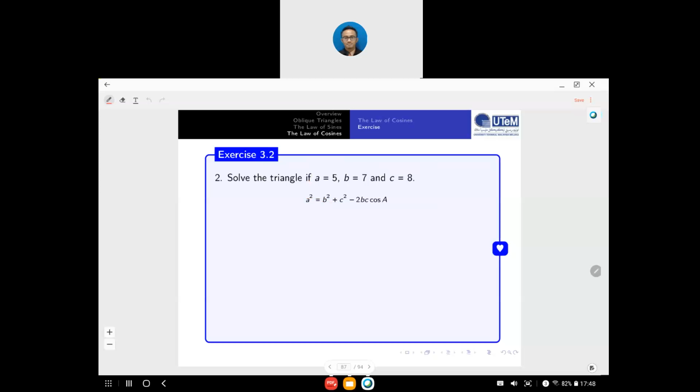We have these equations, so we substitute all the items given and you can get cos A. Solving these equations, the angle A equals 38.21 degrees. And then we can find the angle B. Solving, you can get angle B equal to 60 degrees.